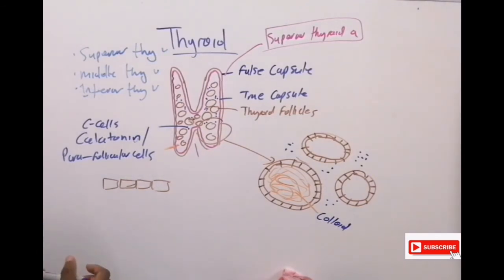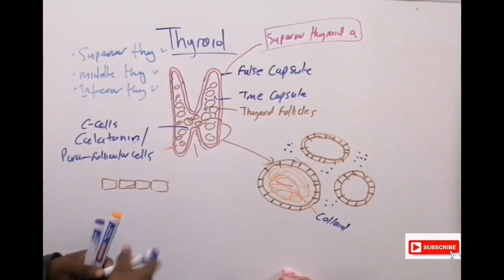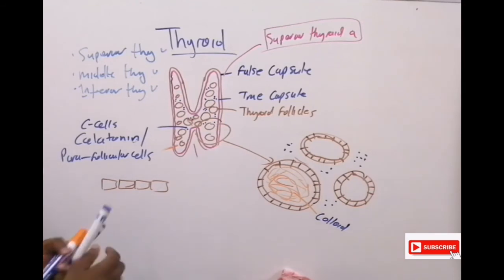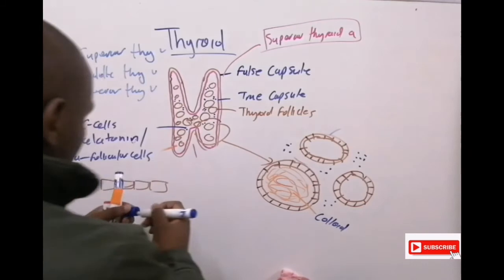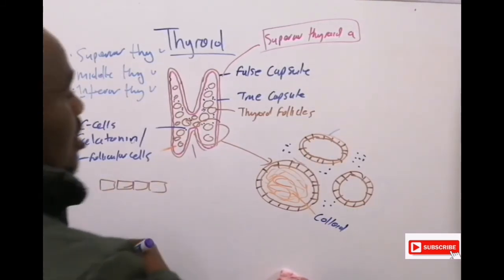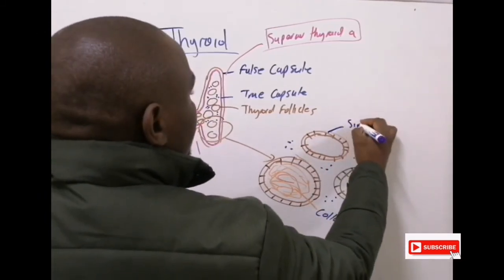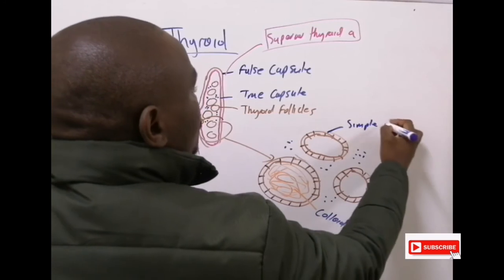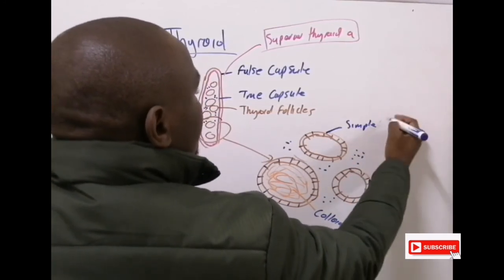Now the cells that make up these follicles are named depending on whether you find them during their active phase or their inactive phase. If you find them during their inactive phase, they are simple squamous cells, or simple cuboidal.